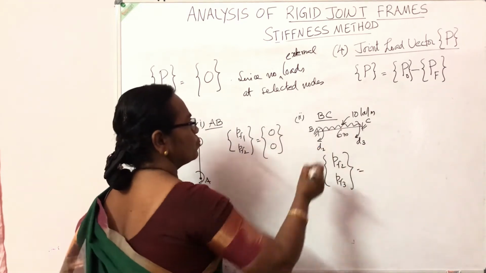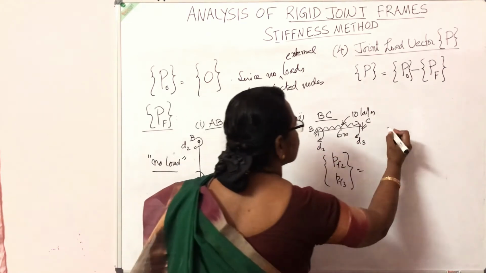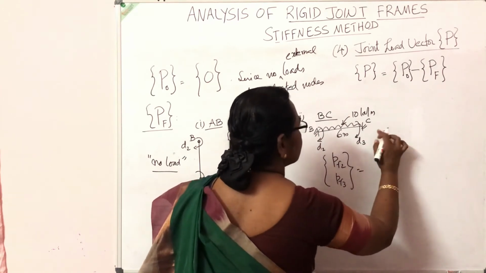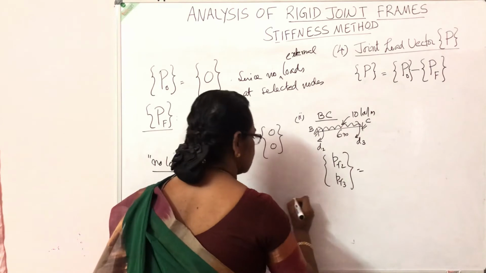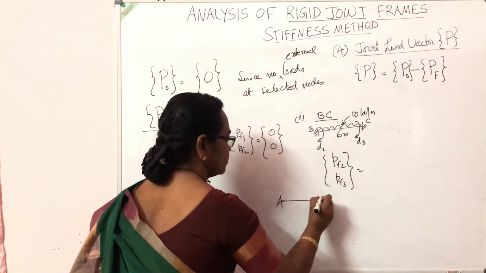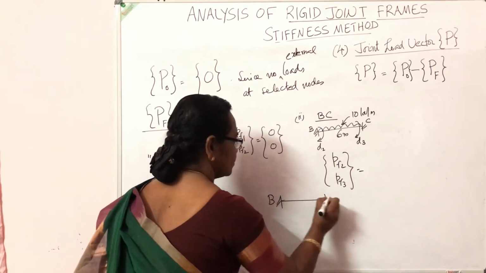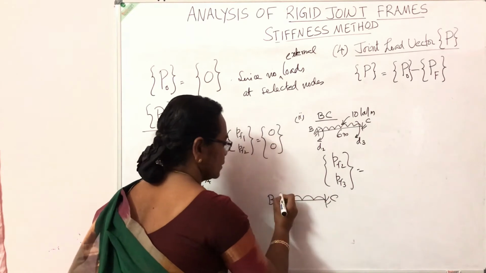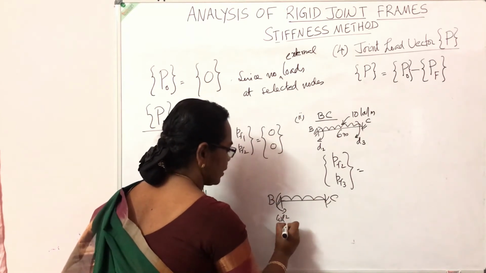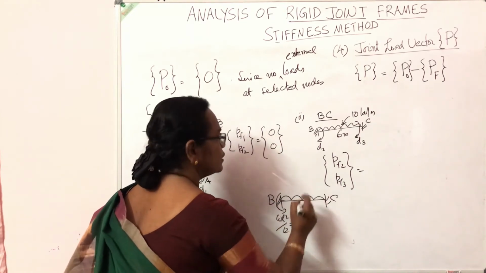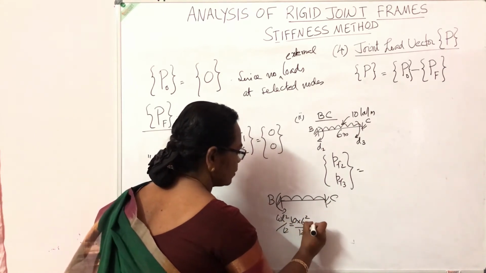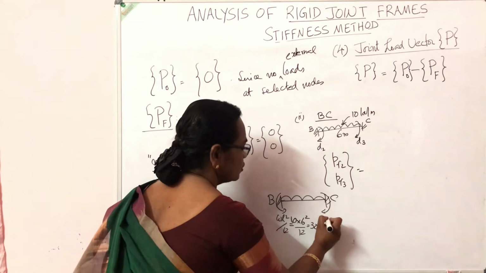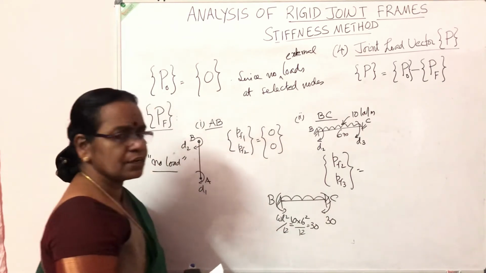For a beam with UDL, the fixed end moment is W L square by 12. That is 10 into 6 square by 12, which works out to 30. Here the fixed end moment is 30 kilonewton meters.